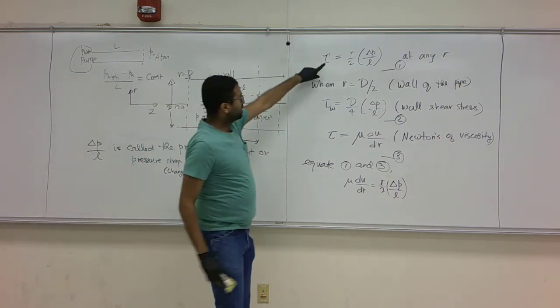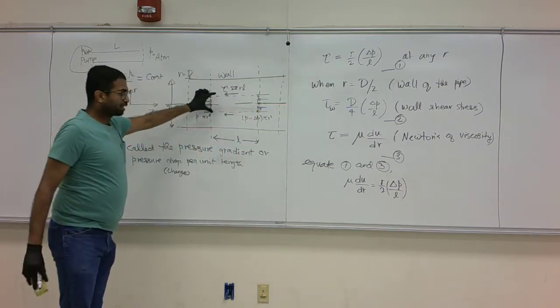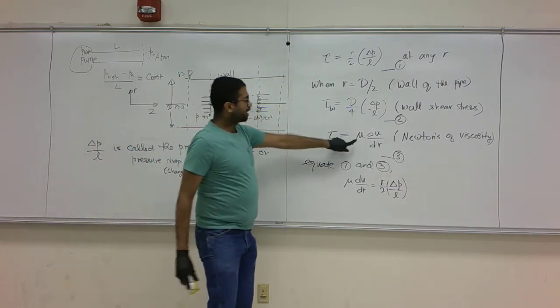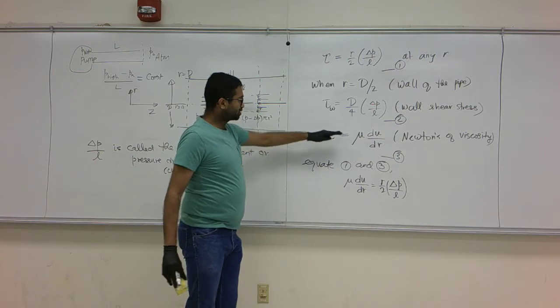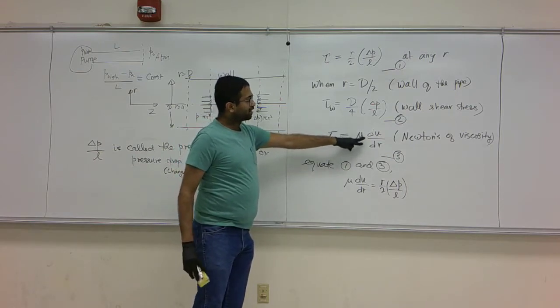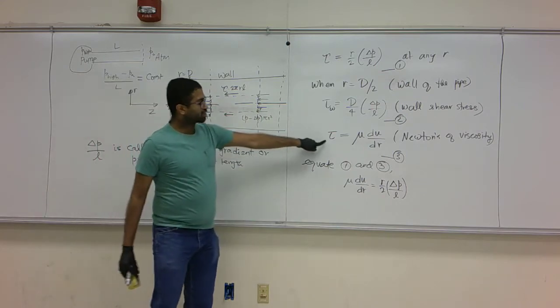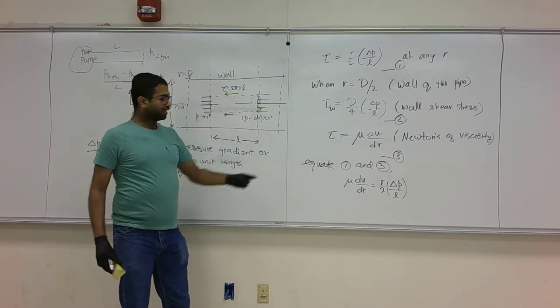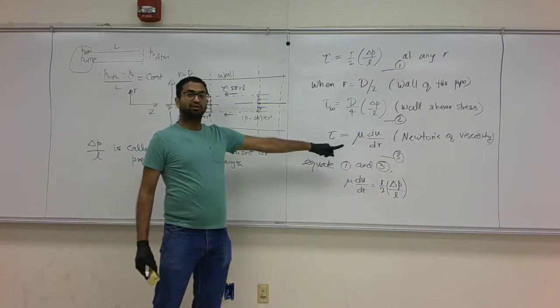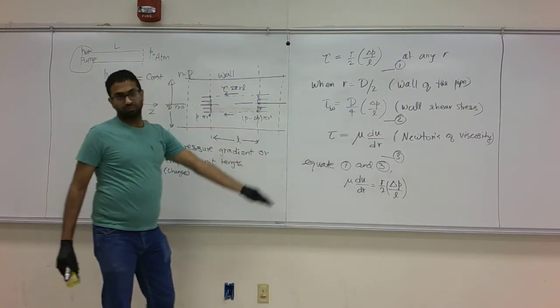That is, I am just equating what I get from force balance, and this is related to the fluid property. This is the relationship between the velocity gradient that exists in a flow and the shear stress that is acting on the fluid. This was discovered by Newton through experiments.